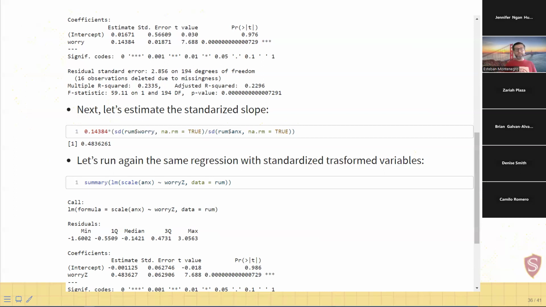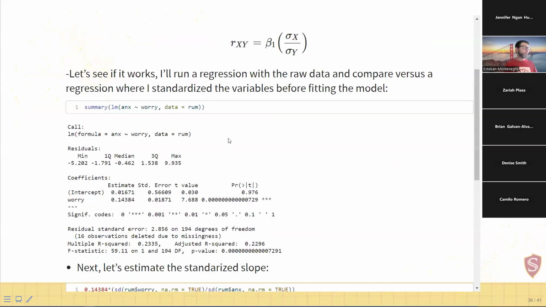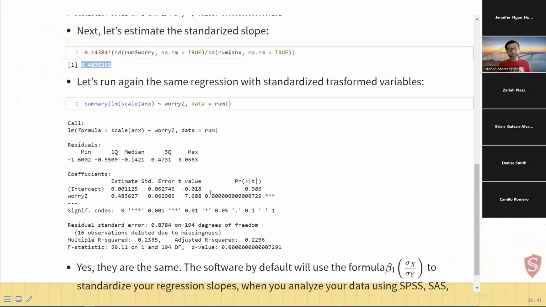The truth is that many softwares will do this for you. They will do this multiplication and division when you click on some options, like Jamovi or SPSS or SAS or many other softwares, and you don't have to do it by hand. In R, of course, you might need to do it by hand, or you can download a package that does it for you.